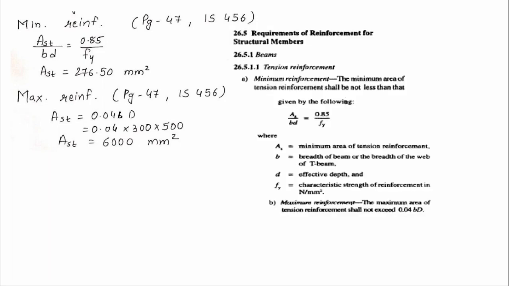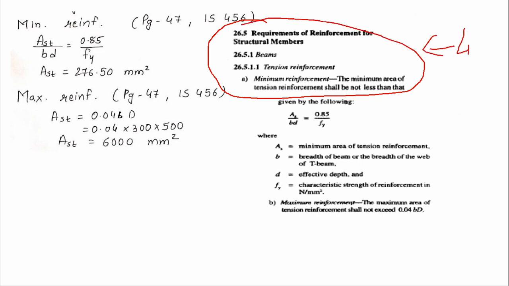There you will be seeing this clause. It will be given up to here only. This will be on page number 46 and the rest of the portion will be on page number 47. So clause 26.5, that is requirements of reinforcement for structural members, and as we are dealing with beams, the subtopic, that is subclause 26.5.1, and also we are dealing with tension reinforcement, that is AST.